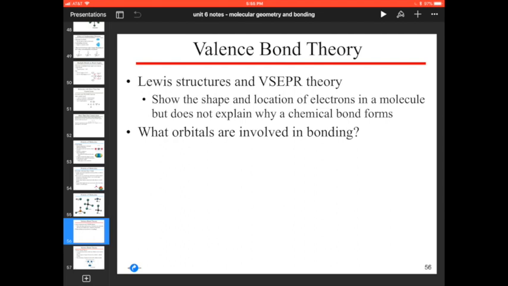It's a combination of Lewis structures and VSEPR, the valence shell electron repulsion theory, and how this all works together. What we're really going to talk about is how that central atom has the ability to accept an electron and what orbitals are involved.